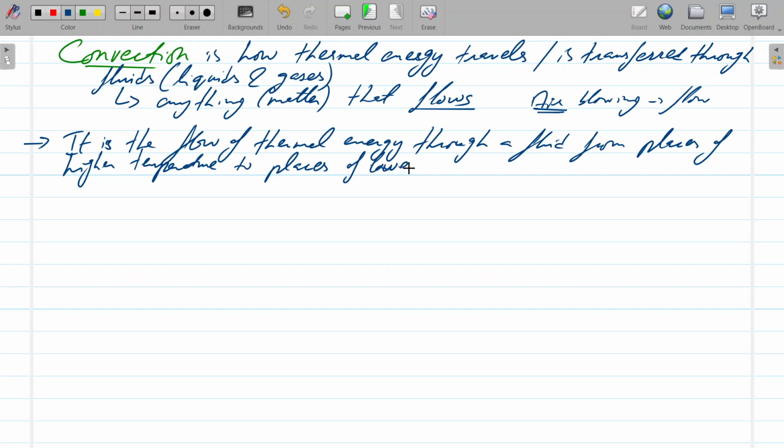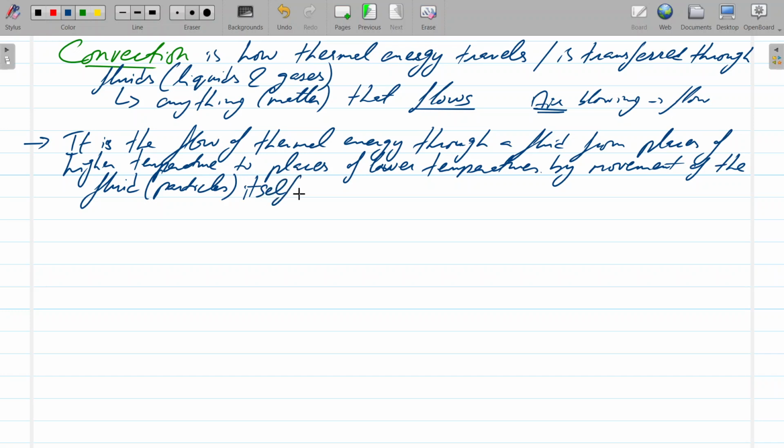But the difference between conduction and convection is here the particles of the matter are moving. So by movement of the fluid itself, let me add particles in brackets.